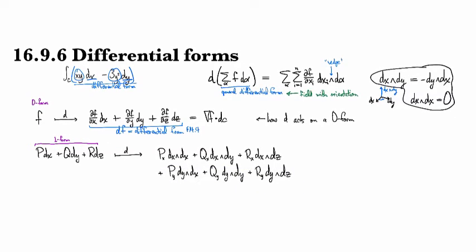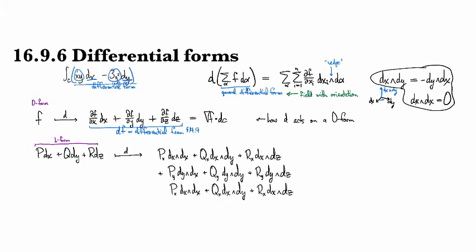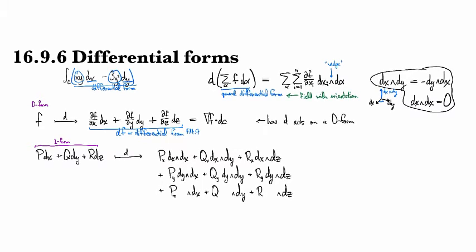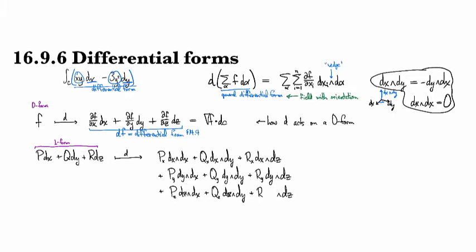And of course we do it all again for the last term, with partial z and dz wedge each term.